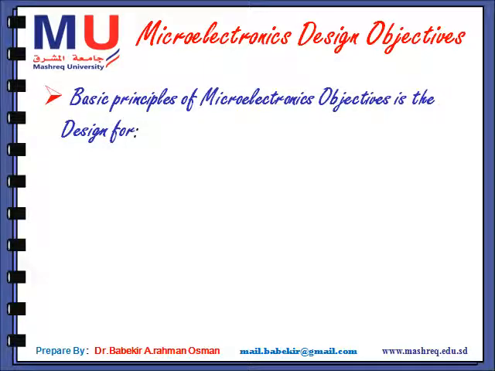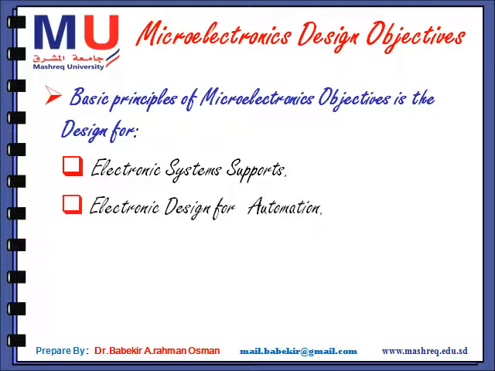Briefly, the basic principle of microelectronic design objectives is to design electronic systems that support the user of the system, or the system itself. Design for electronic automation and automatic execution, such as robotic systems and partial or full automation.